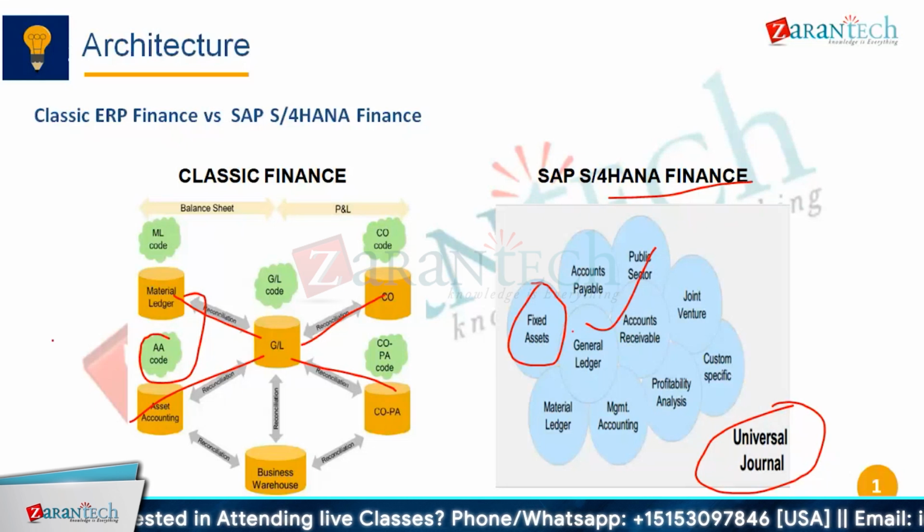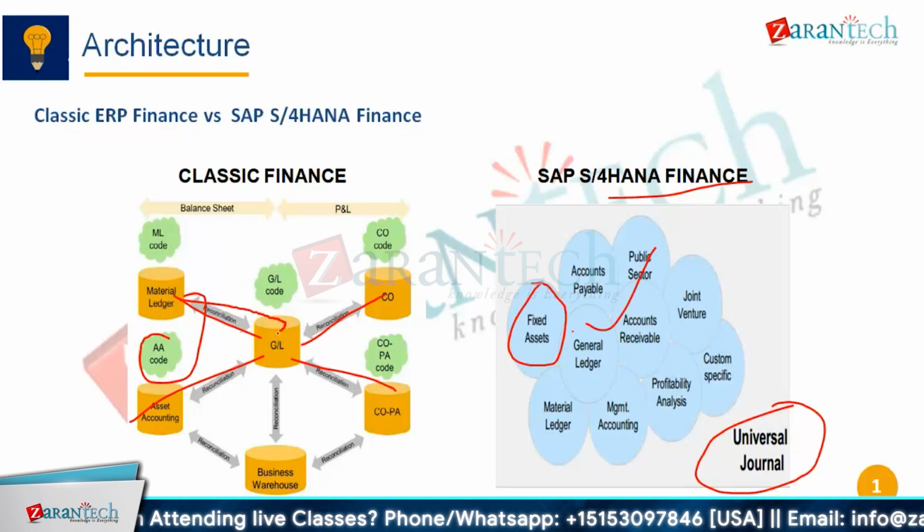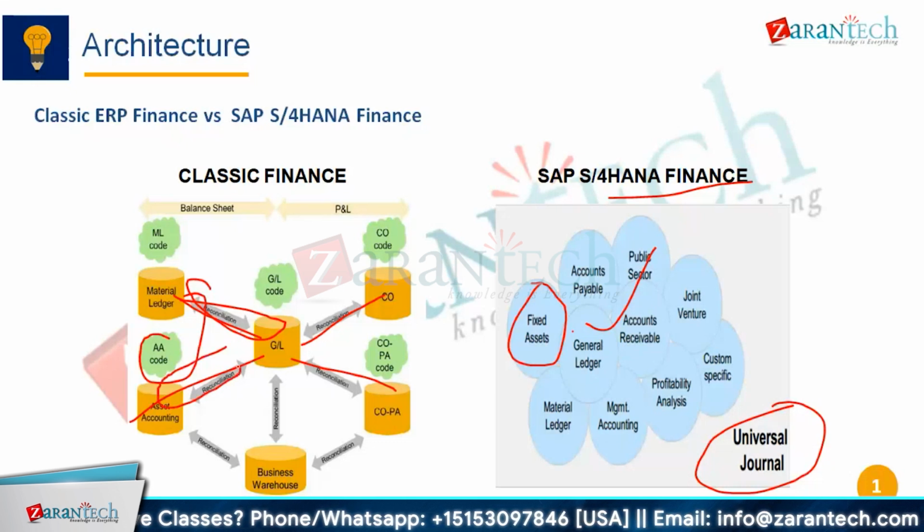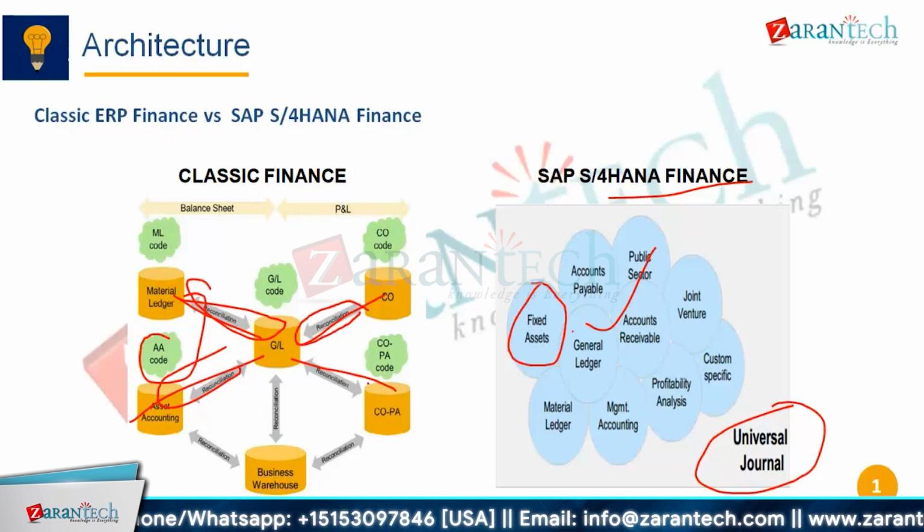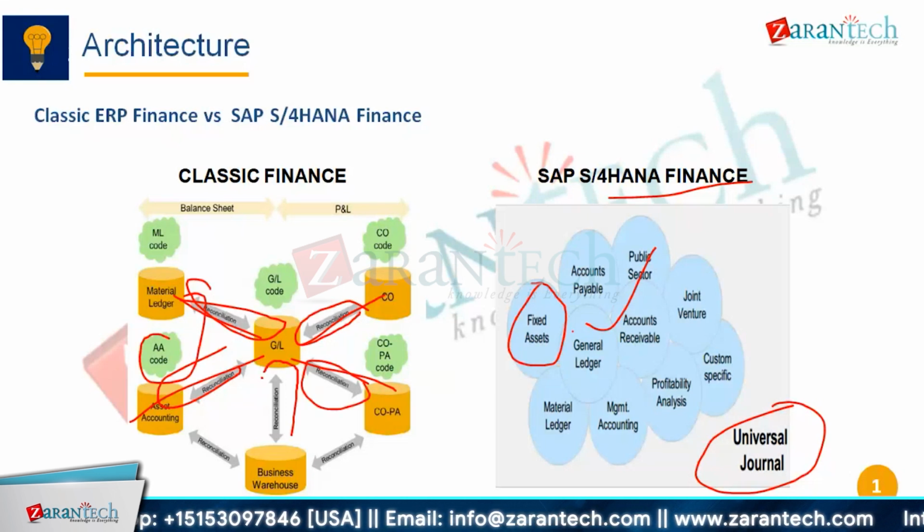Earlier we needed to do the reconciliation between MLGL, GL, asset accounting, CO, GL, then COPA, then business warehouse.